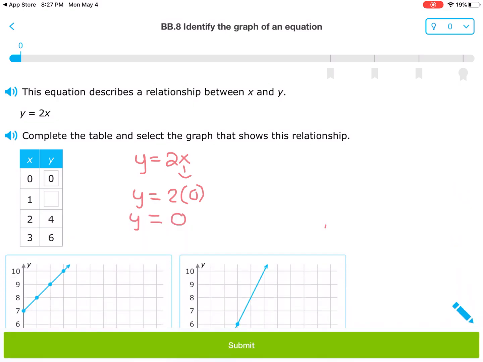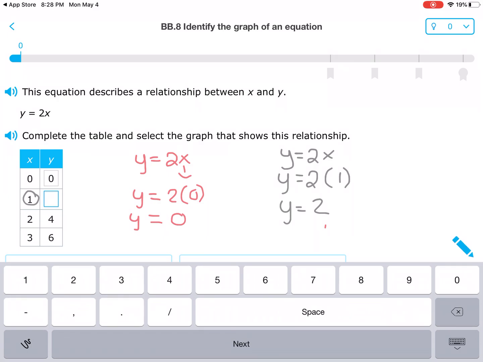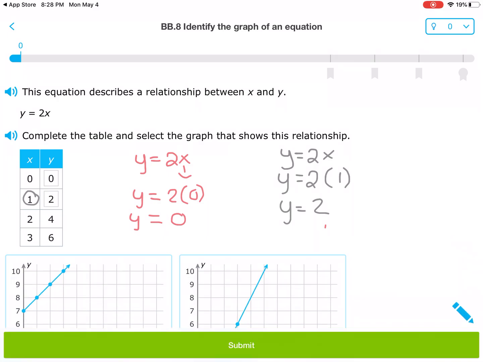For our next equation, we have y equals 2 times x. X is now 1, so we are substituting x with 1. So y is going to equal 2 times 1, which is 2. So in our box right here, we are going to place 2.